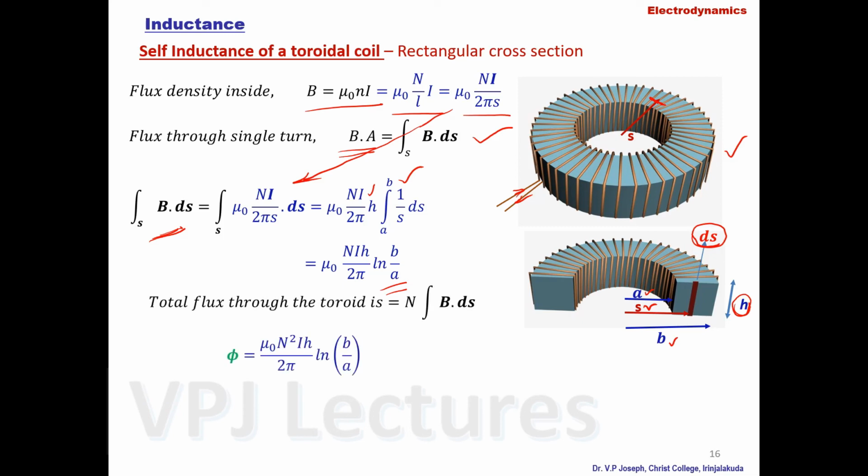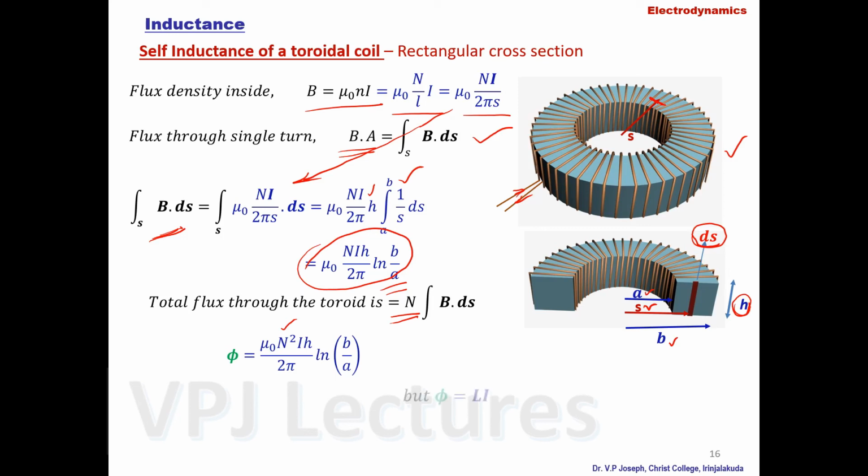And the total flux through the toroid coil becomes n times the integral of B dot ds, and it is substituted as phi. Phi is equal to mu 0 n square ih divided by 2 pi log b by a. So this expression into n is given by total phi.